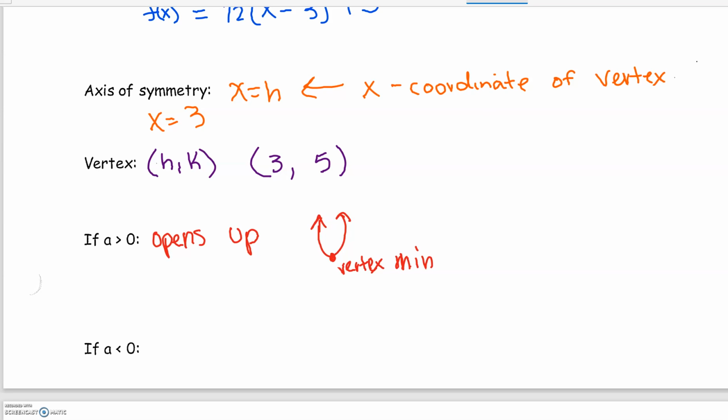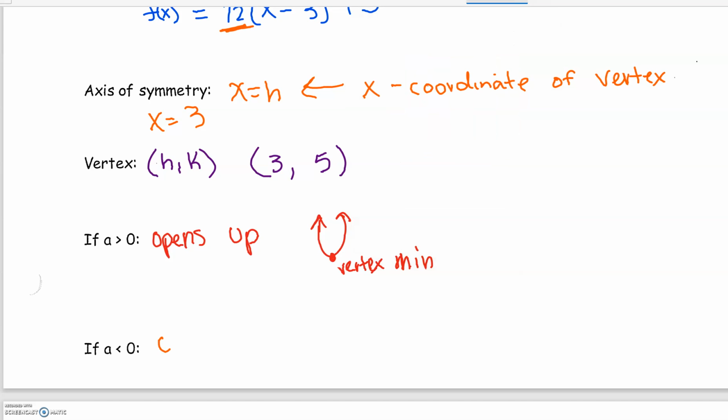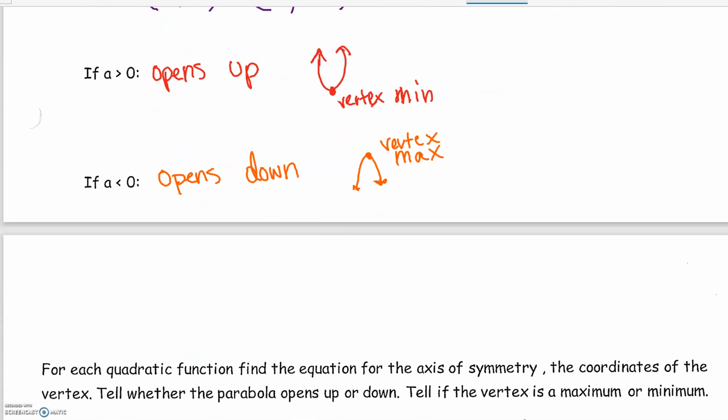And then if a is less than 0, so that's our front number right here, a, it opens down. And it's our coefficient in front of those parentheses there.